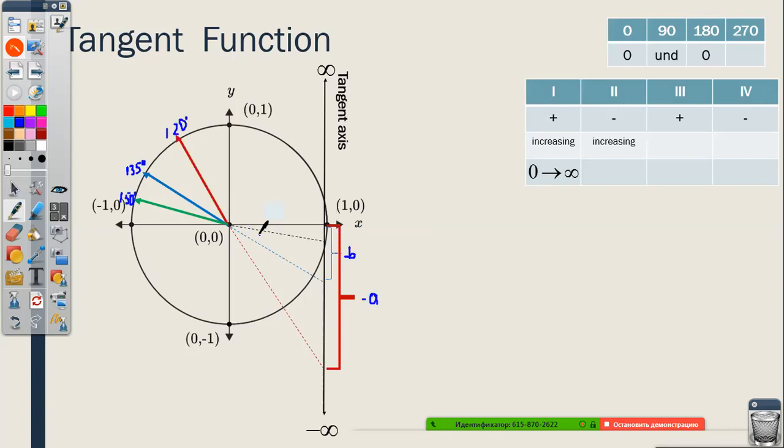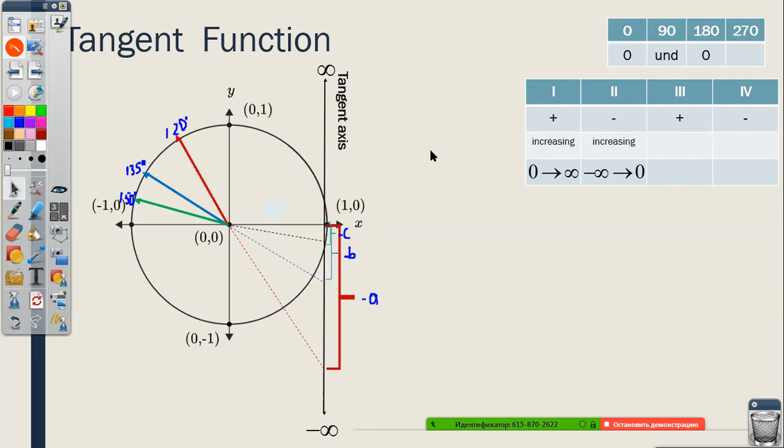And the last one is minus c. So the smallest one is minus a, then minus b, then minus c. Tangent is increasing, approaching from minus infinity to 0. So in the second quadrant tangent is negative, but increasing from negative infinity to 0.